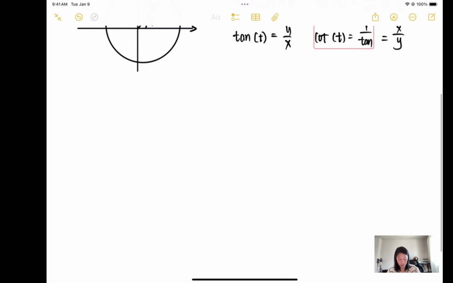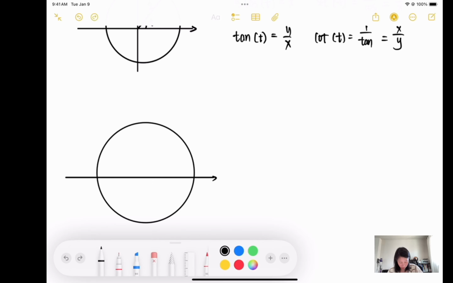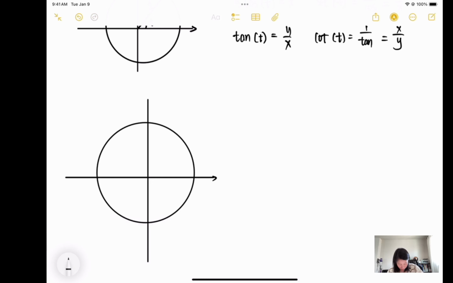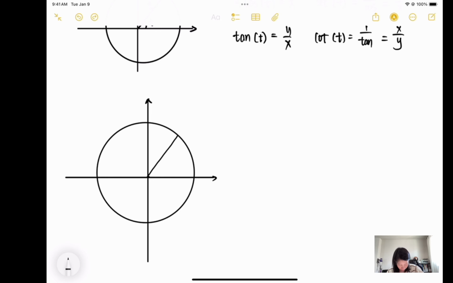Now, here is an example. If we have a circle, and here is our theta, let's say this is square root of 3 over 2 and 1/2.